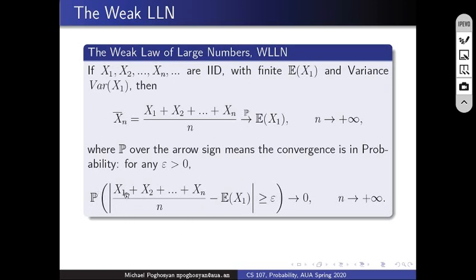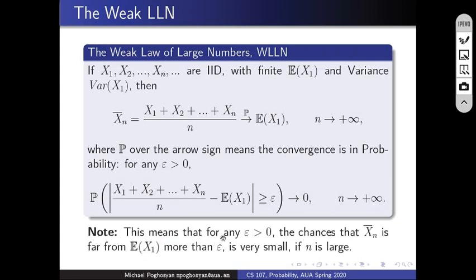So I'm calculating the probability that the average minus that expected value, in absolute value, will be large, say larger than some epsilon. This tends to 0 when n is tending to infinity for any positive epsilon.